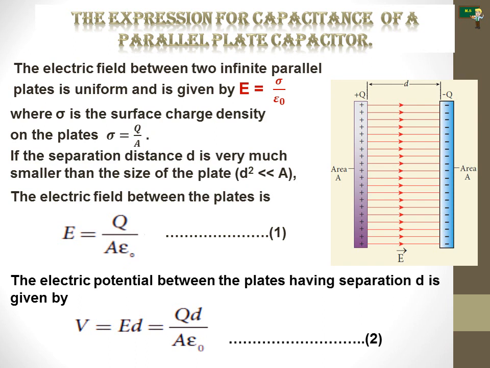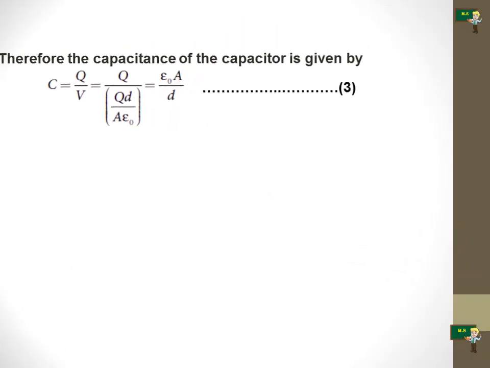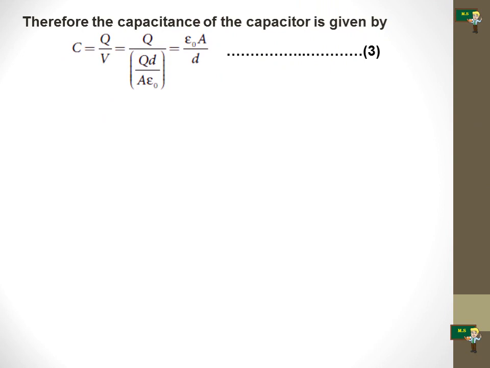Since the electric field is uniform, the capacitance is given by C equal to Q by V. That we all know already, because Q is equal to CV.